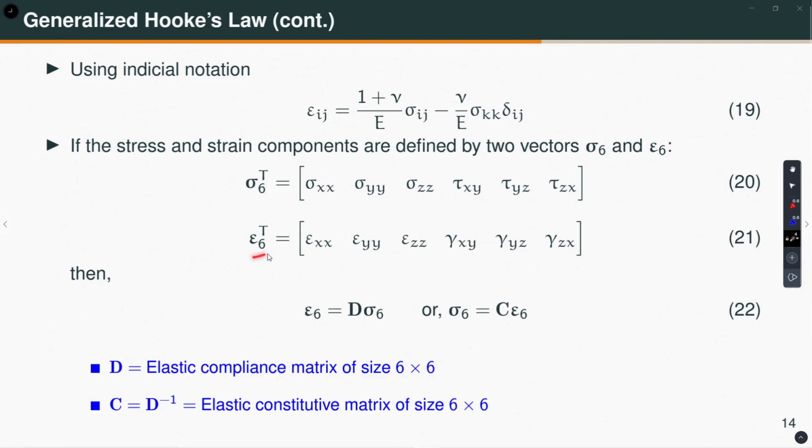Epsilon 6 transpose is epsilon xx, yy, zz, gamma xy, gamma yz and gamma zx. Then all the strains can be expressed as a matrix times the stress vector, which is this quantity, and this is called the elastic compliance matrix, which has a size 6 cross 6.